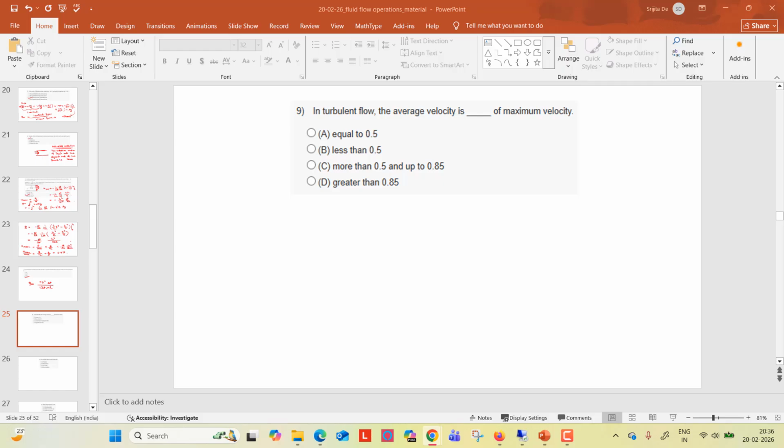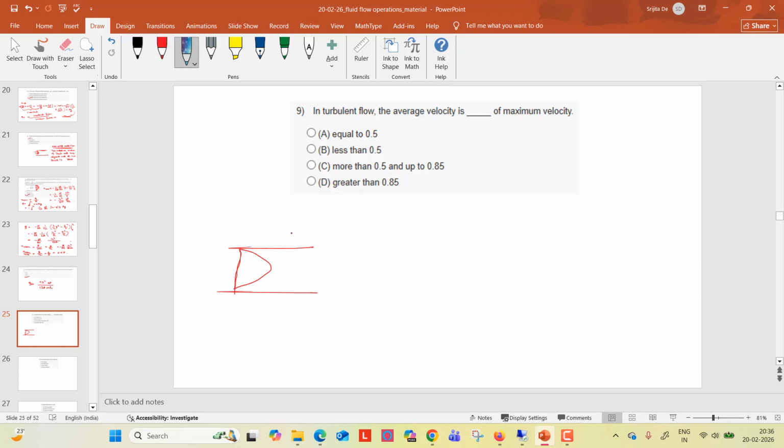So you have seen, suppose in a flat plate, this is the turbulent flow profile. I have drawn it very badly, so just bear with me.